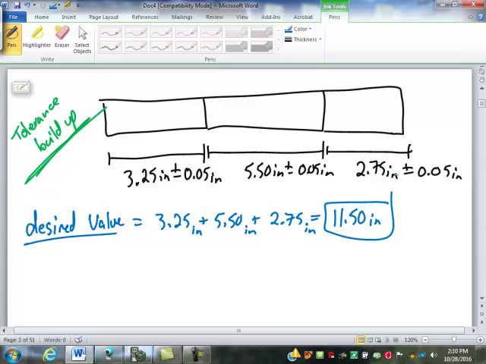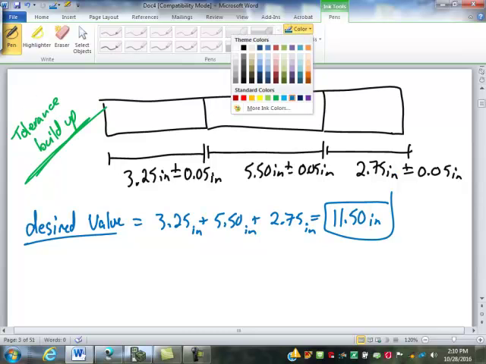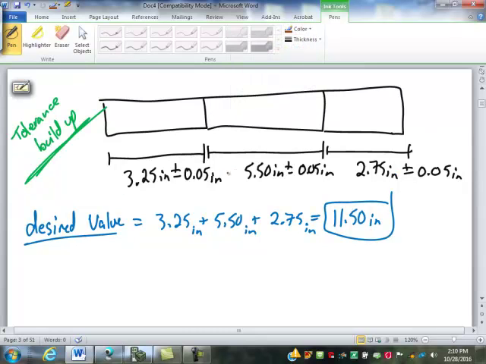In a perfect world, all of those would be dead on, and the total size would be 11.5 inches. If we construct the range for each of these, subtracting the 5/100ths there, this would be from 3.20 to 3.30 inches. Does that make sense? You guys see where that comes from? I'm subtracting the 0.05 from the 3.25, then adding the 0.05 to the 3.25.